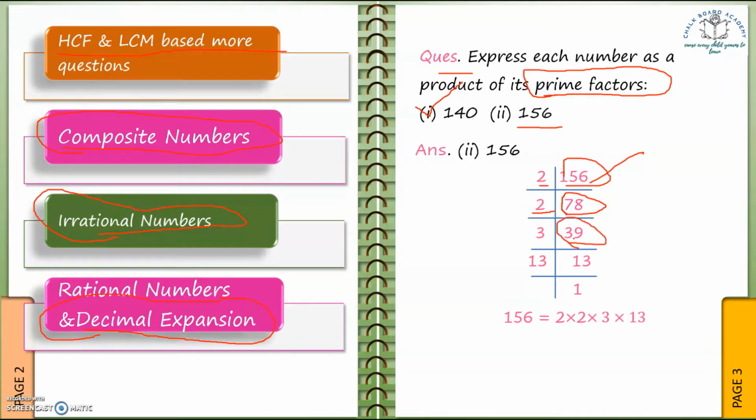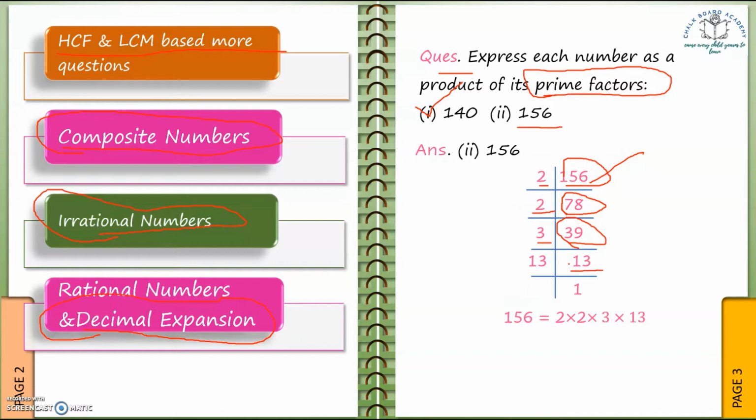Now here we have to check whether this 39 is divisible by 3 or not. How can we check it? By adding the digits. So 9 plus 3 is equal to 12. 12 is divisible by 3, hence 39 is divisible by 3. When we divide 39 by 3, we get the result 13.